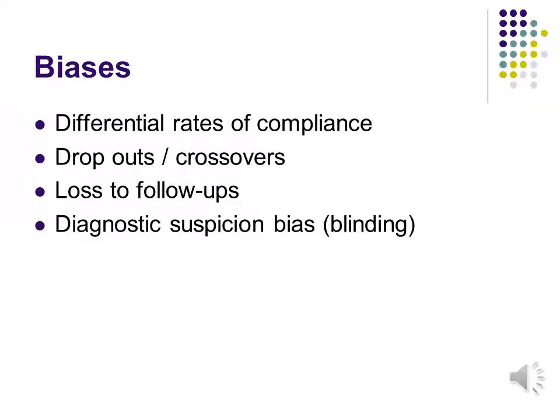There are some biases inherent. There's different rates of compliance between the different groups. Sometimes if you're giving somebody an experimental drug and then others a placebo and it's randomized, there may be effects of the experimental drug that are unpleasant and people may drop out of the study because of it.